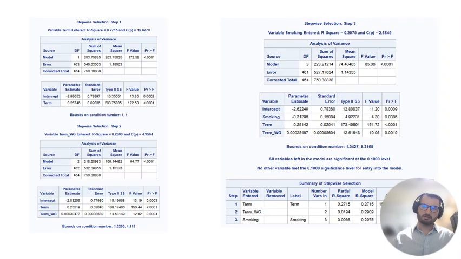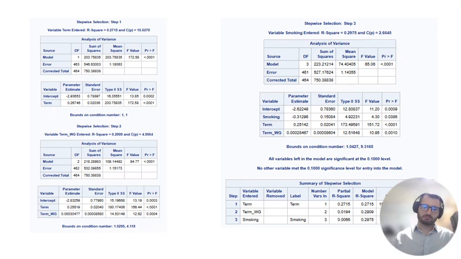The same conclusion was arrived at using the stepwise regression procedure, which used the program to best explain the variation in birth weight. It started by entering the term as the strongest single predictor, then entering the term times weight gain interaction, then entering smoking status, and this procedure declared all remaining variables not significant.